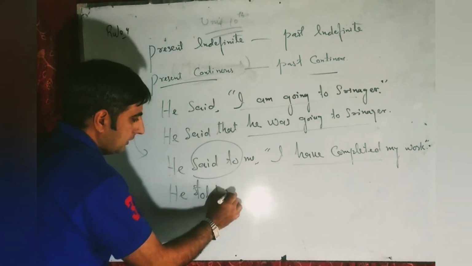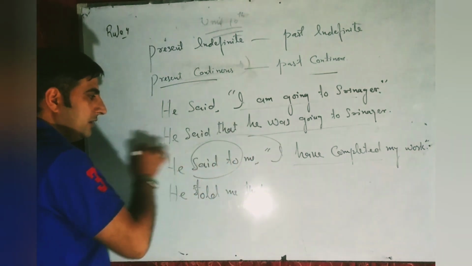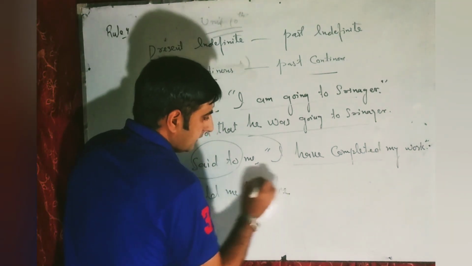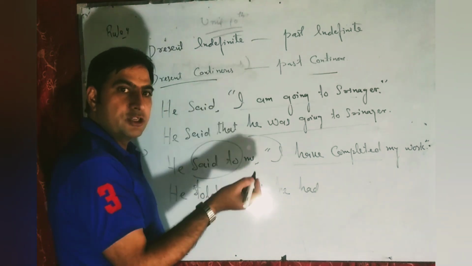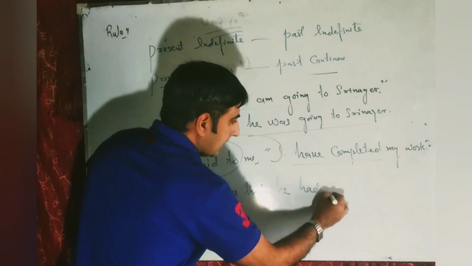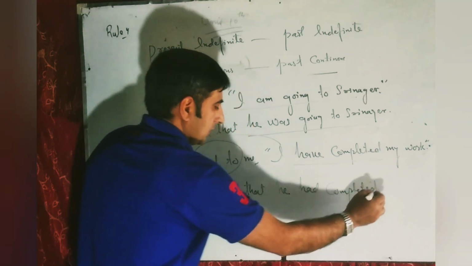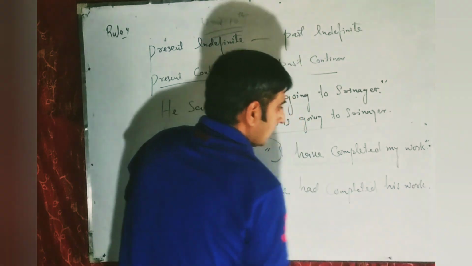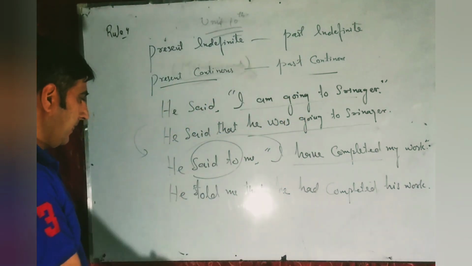He told me that, I will change according to the subject of reporting verb, that he, now he had, because present perfect will change to past perfect. He had completed his work.